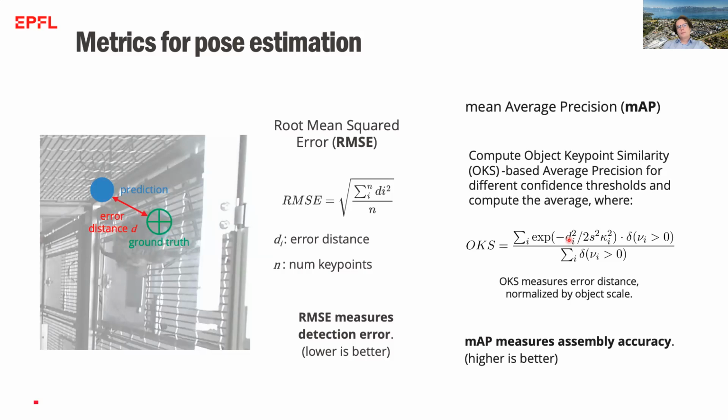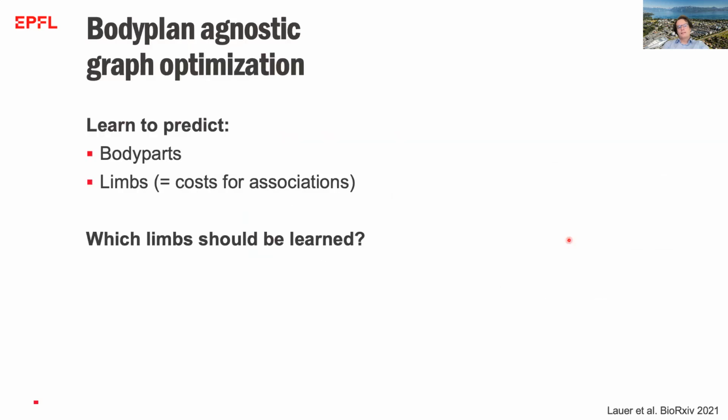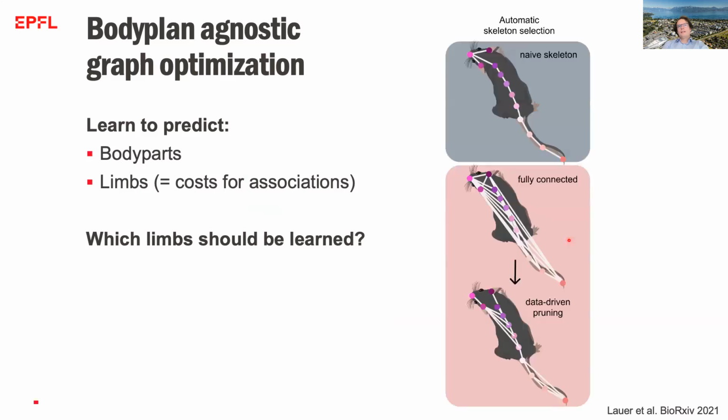As I was saying, now let's go back to multi-animal DeepLabCut and how accurate this method actually is. As I was alluding to, the key idea is that one doesn't only predict the key points, but the network also predicts skeletons or edges that connect those, or a skeleton is kind of a combination of different part affinity fields that the model is predicting.